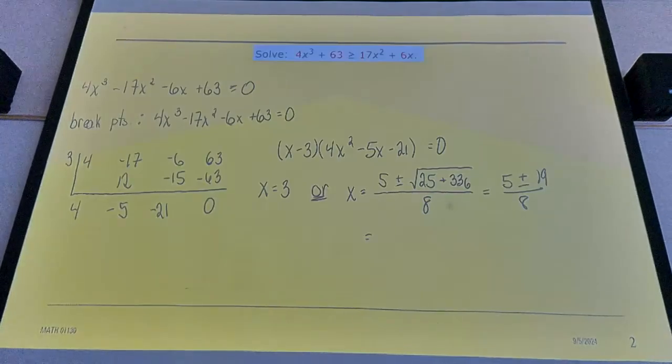Five plus 19 is 24, divided by 8 is 3. Five minus 19 is negative 14 over 8, which would be negative 7/4. Two breakpoints, 3 and negative 7/4. And try to list them in ascending order, it makes it easier.